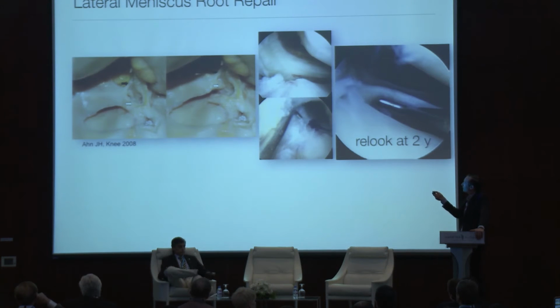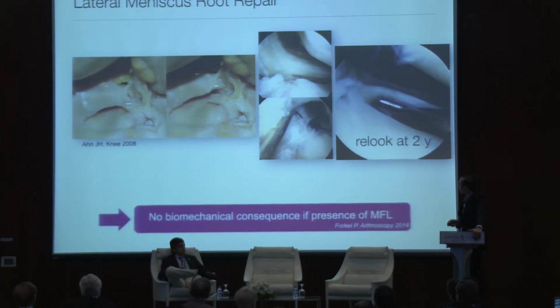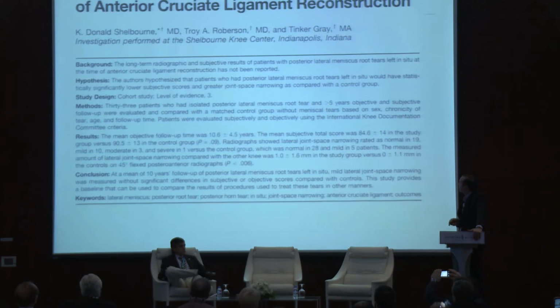Lateral meniscus root tears are a little bit easier in a way, in that very often they heal and there's less stress because you have these other ligaments, the meniscofemoral ligaments, that will actually protect your root a little bit more. So there's less biomechanical consequence if there is a meniscofemoral ligament present.